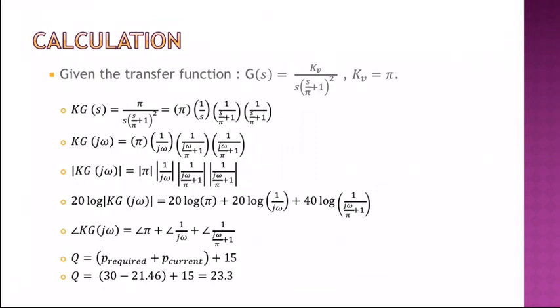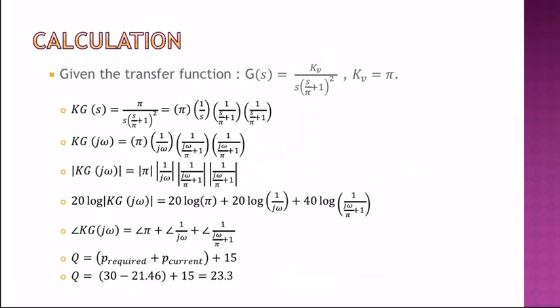We factor out the equation and we get pi multiplied by 1 over (s/pi + 1) multiplied by 1 over (s/pi + 1). We get it twice because in the KG(s) equation, (s/pi + 1) is to the power of 2. We factor it out manually to ease the process of drawing.